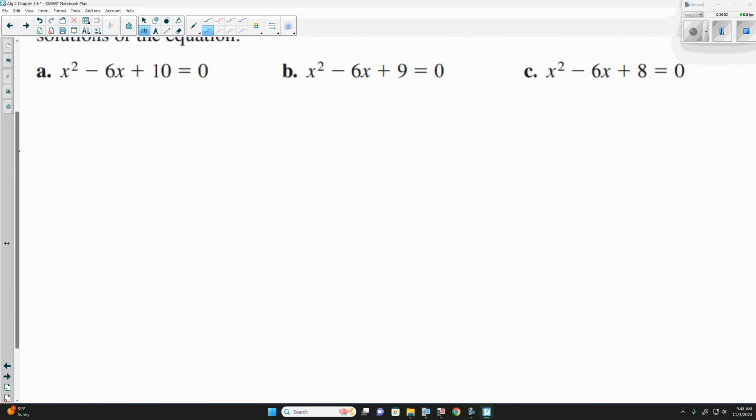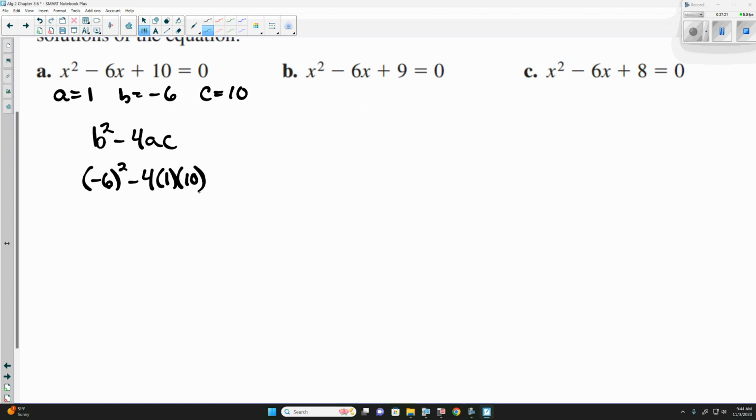And it works that way every time. So if we look at A here, well, the value of A is 1, B is -6, and C is 10. So if I want to see what type of solutions I will get, I can look at the b squared minus 4ac, what we call the discriminant. Our value b is -6, minus 4 times a times c.